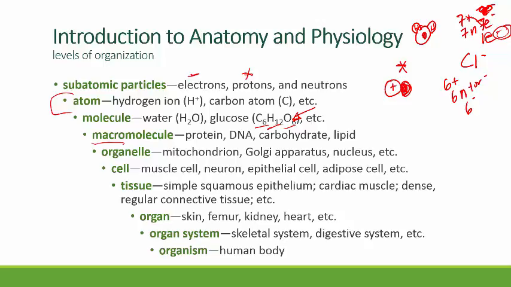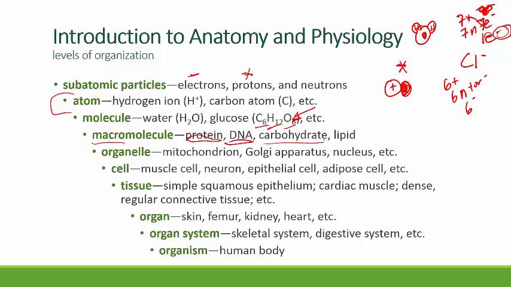So macromolecules come in 4 different flavors. They could be proteins, which are built of repeated subunits called amino acids. They could be nucleic acids, like DNA, that are built of repeated subunits called nucleotides. So DNA and RNA are built of nucleotides.